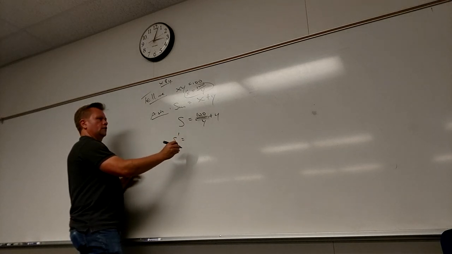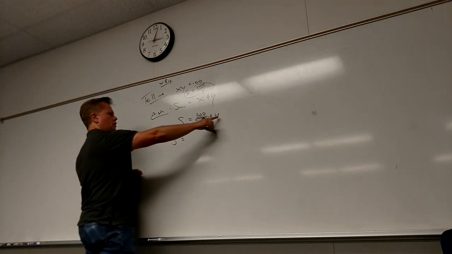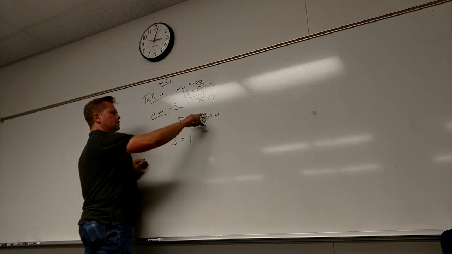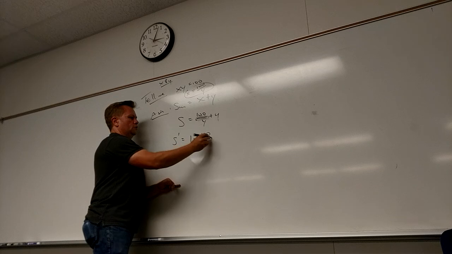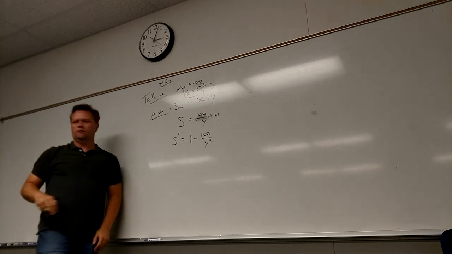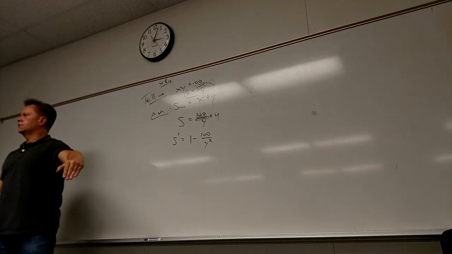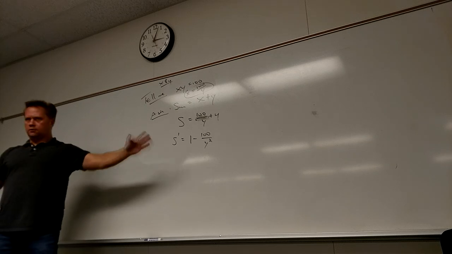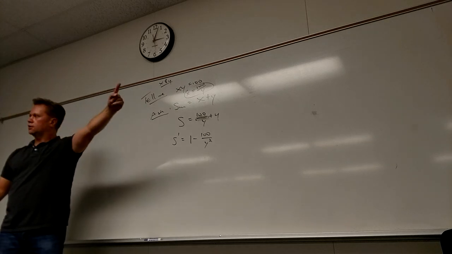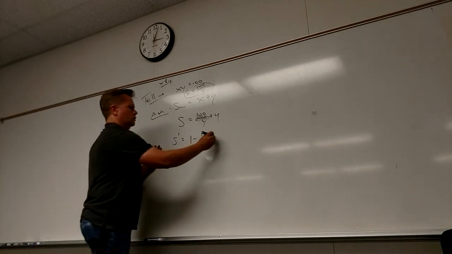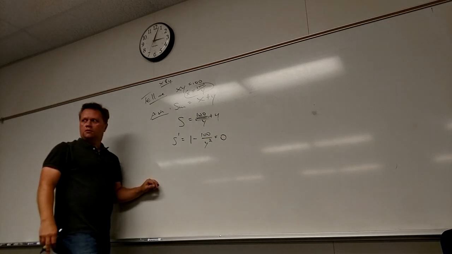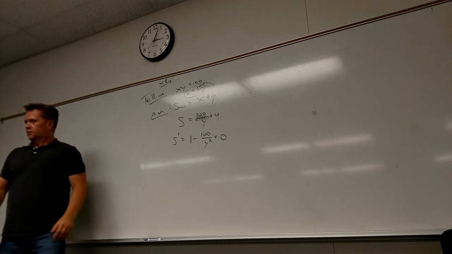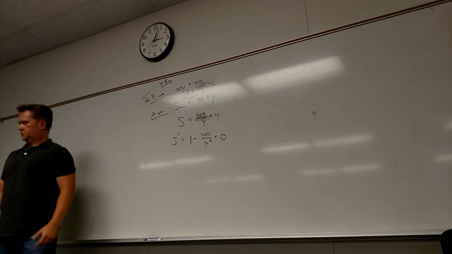1 minus 100 over y squared. This is 100y to the negative 1, so the derivative would be negative 100y to the negative 2. And then what do you want to do with that? Set it equal to 0 to find the horizontal tangent line locations. So then, of course, multiply by y squared.